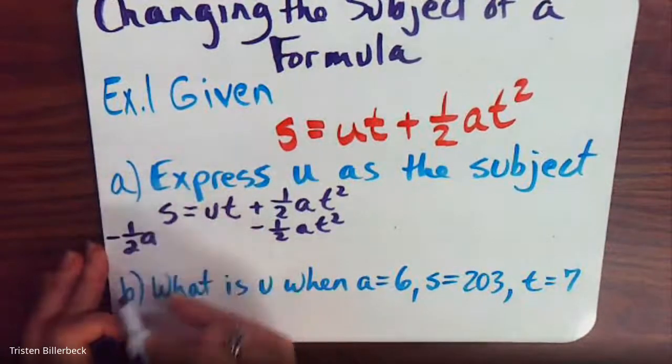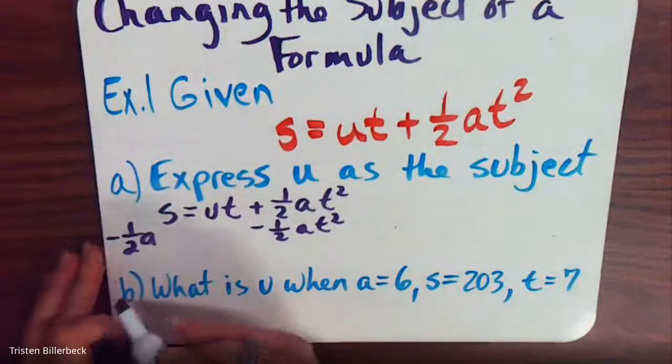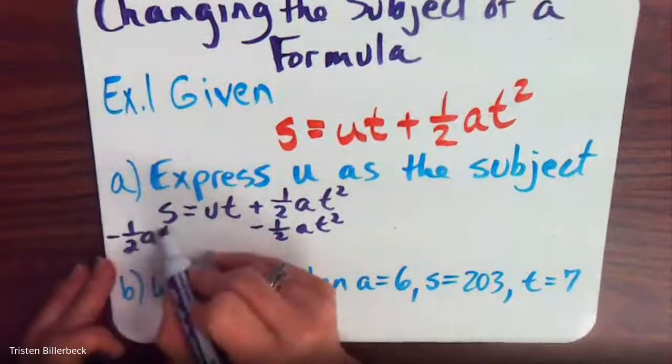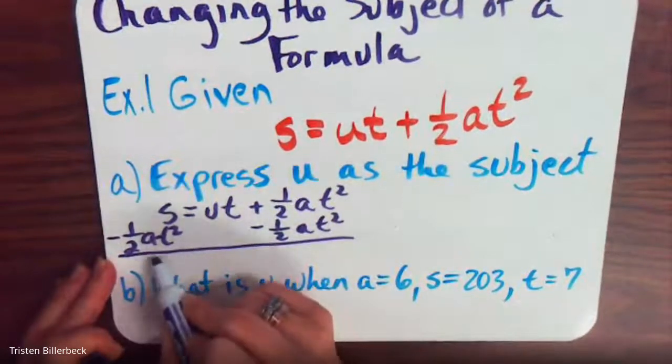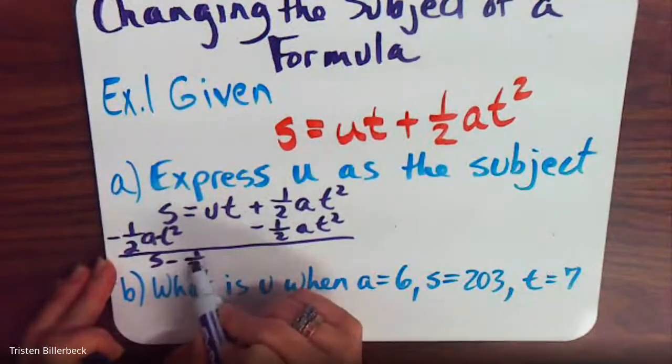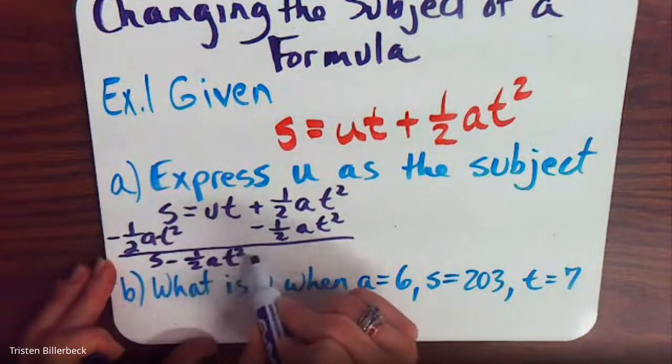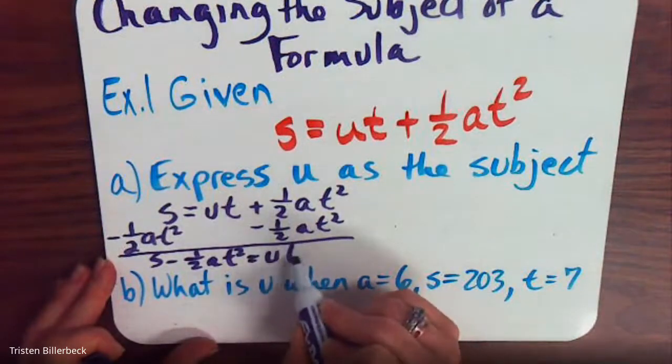If it's a positive half AT squared, we use a negative half AT squared. So we have S minus 1/2 AT squared equals UT.